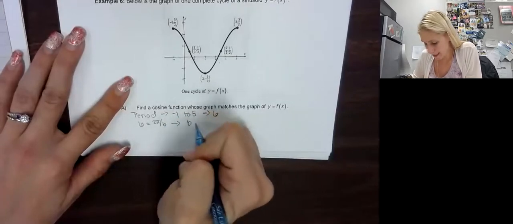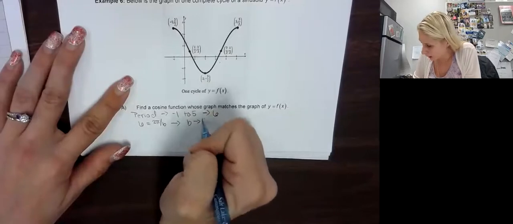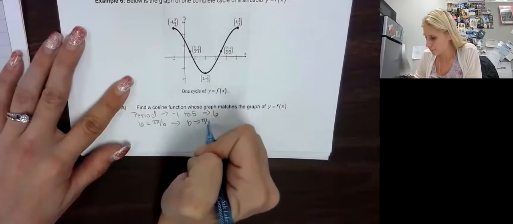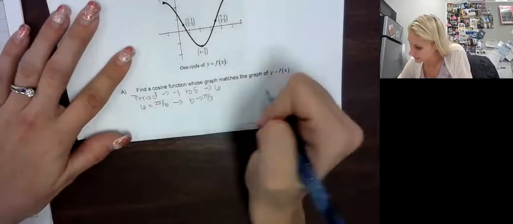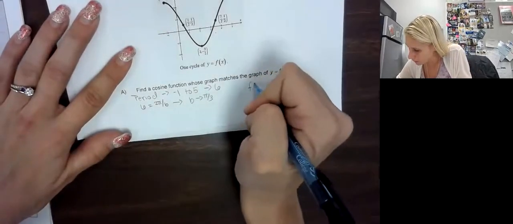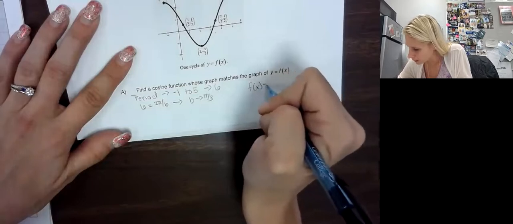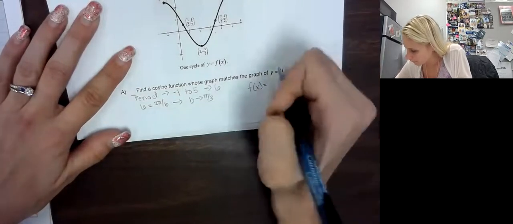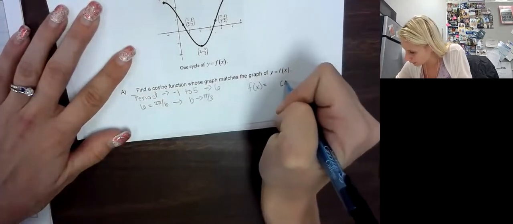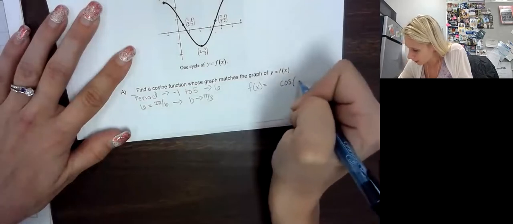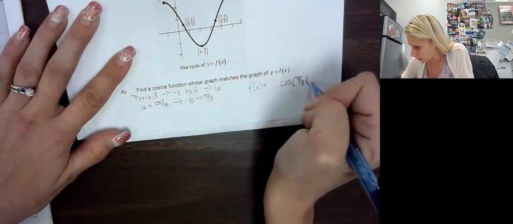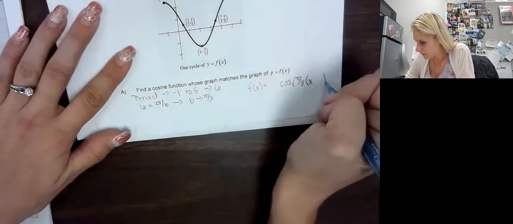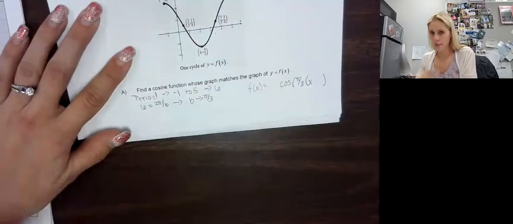This indicates that b is pi over 3. That's a good start, right? So now let's actually start putting this together. So we have f of x equals, we don't know if we're multiplying something up front yet. We're doing cosine. And we know that our b value is pi over 3. Okay. So that's what we have so far.